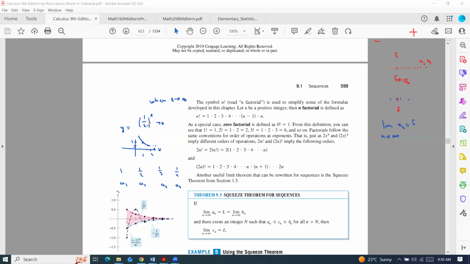Or the same thing with 1/2. If you put 1/2 for the first, it's going to be 1/2 to the power of 0, which is just 1. The second will be 1/2 to the power of 1, which is 1/2. The next will be 1/4. Then the next will be 1 over 2 to the power of 3, which is 1/8, right, and so forth.